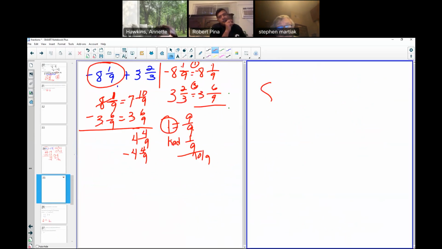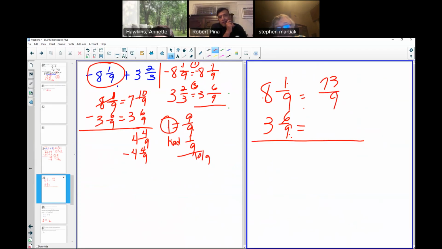So we have 8 1/9 and 3 6/9. Now, this is going to give you more work, but that's your choice. Once you get the common denominator, they like to change these to improper fractions. So 9 times 8 is 72, plus 1 is 73. 3 times 9 is 27, plus 6 is 33. So then 73 minus 33 gives us what? 40/9.